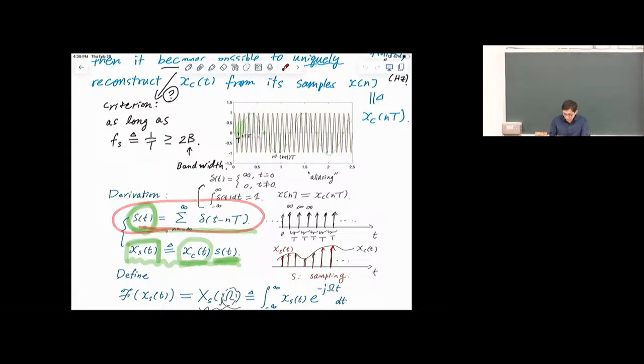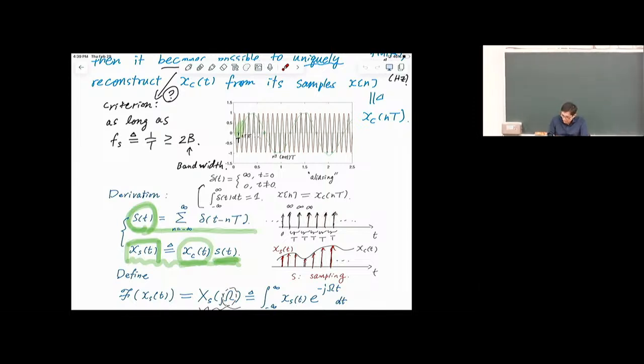Last time we introduced a signal called S of t, and it consists of an infinite sequence of impulses. Delta functions are impulses, and each of them is located at time nT. We had a review of what a delta function is. Usually we draw it as an arrow pointing infinitely upward.